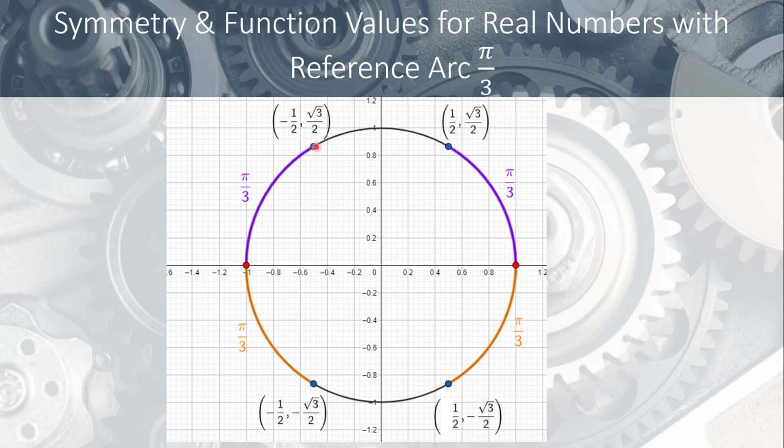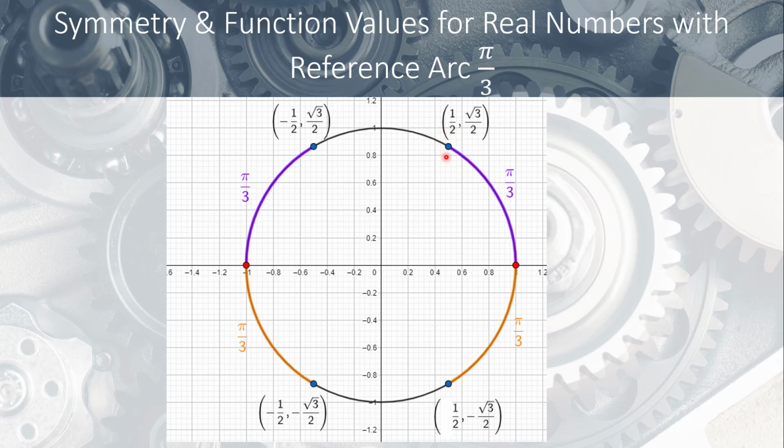So this is symmetric about the y-axis, and this, of course, is the point. As a consequence, cosine is going to be negative x, which is negative 1/2, and sine is still root 3 over 2.